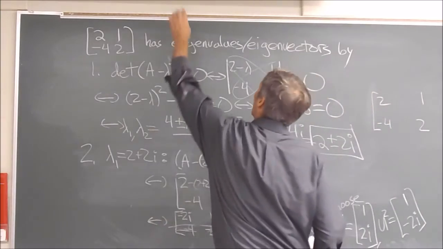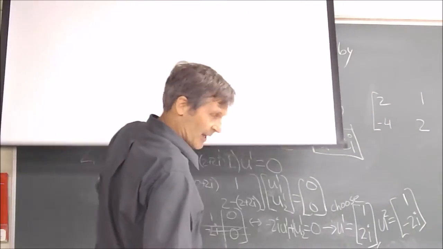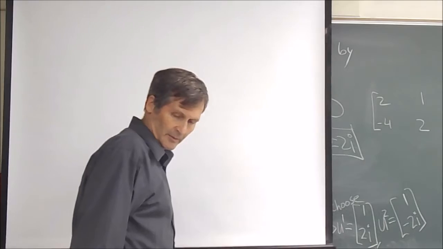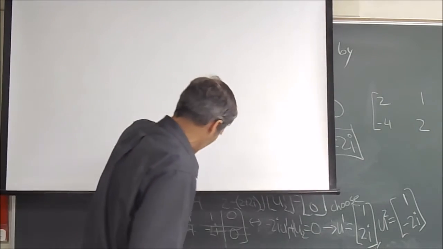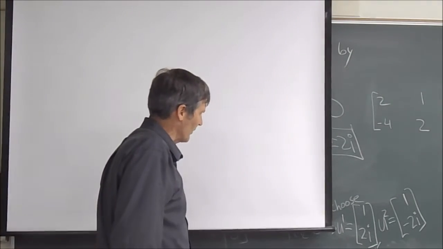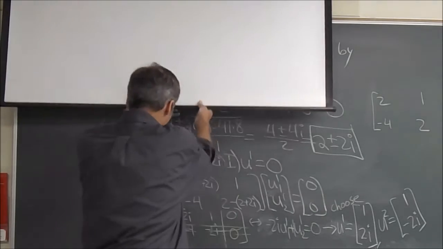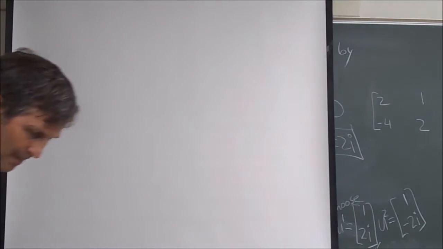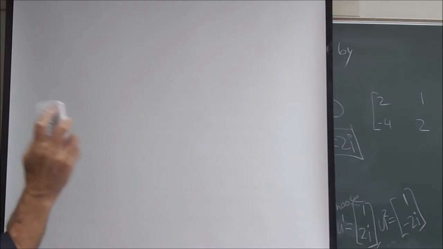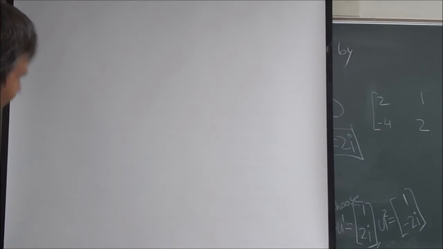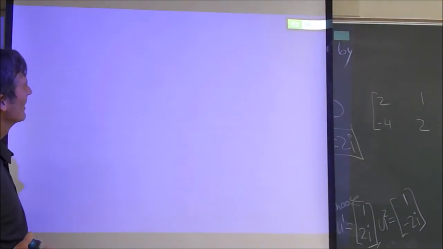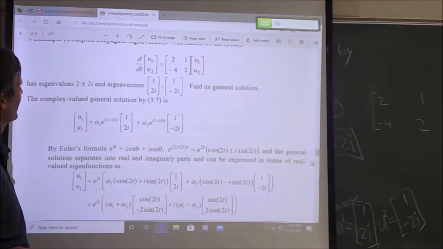All right. Now, having found those eigenvectors, let's see if we can solve this system of differential equations, because after all, that's what we were after in the first place. So, here's where we were then.